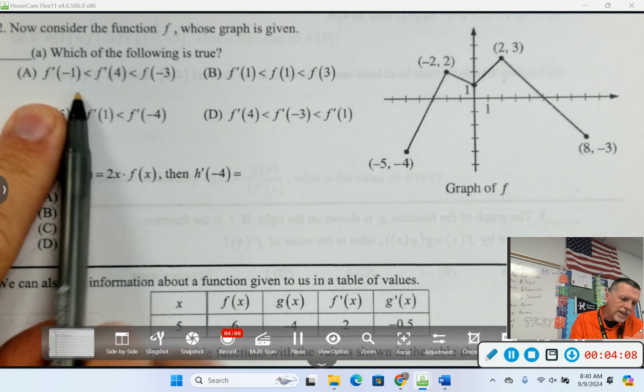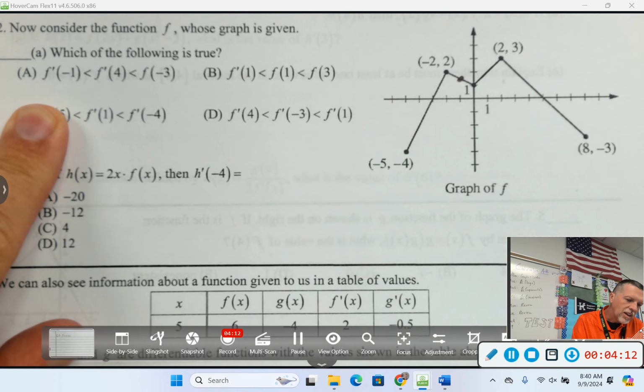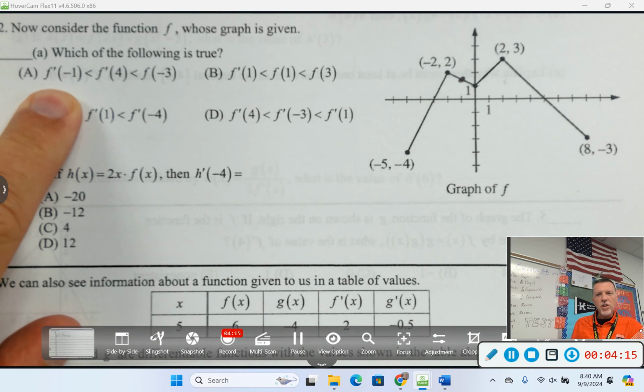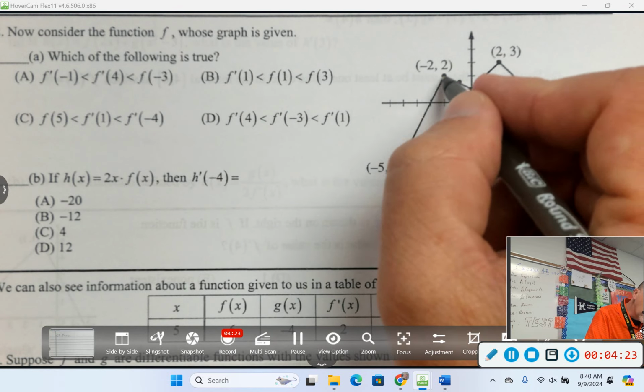F prime at negative 1. So that would be right there. So that means the slope at negative 1. What's the slope at negative 1? I think it's negative 1/2.